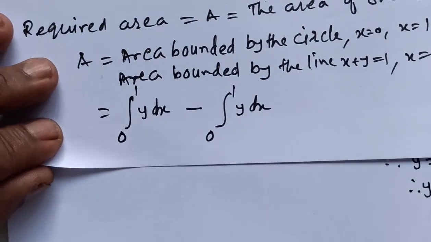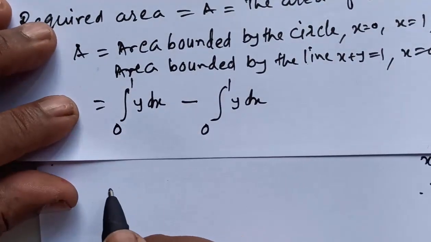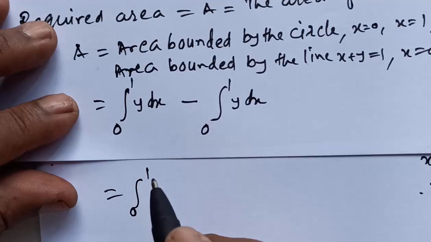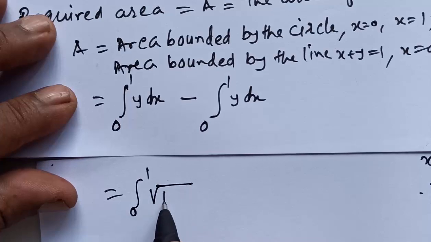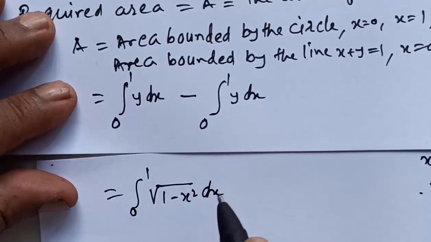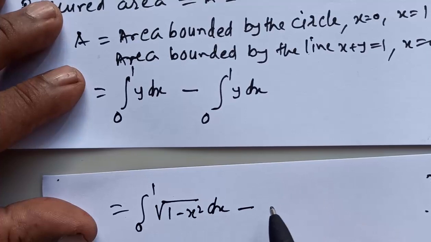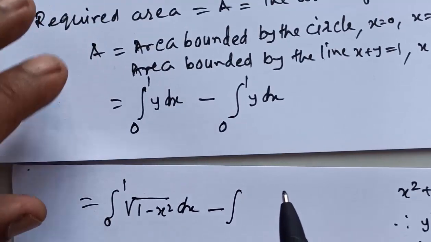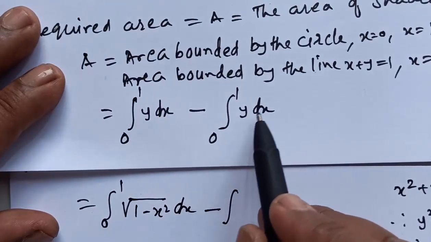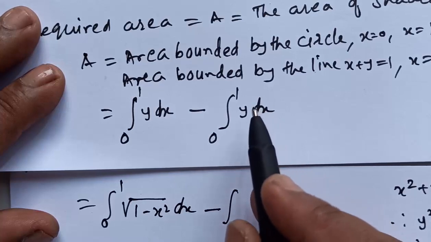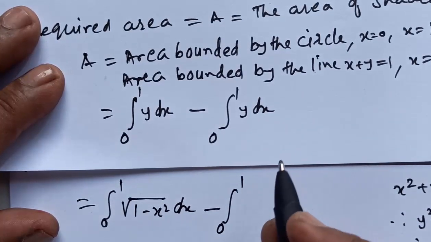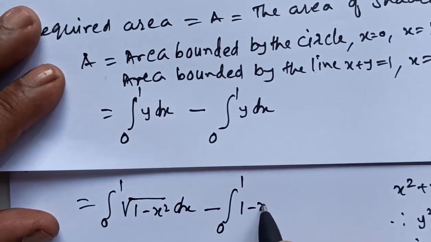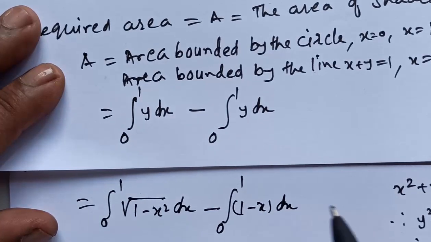So this is equal to integration 0 to 1 under root of 1 minus x square dx minus integration 0 to 1 of 1 minus x dx, for the area bounded by the line x plus y is equal to 1.